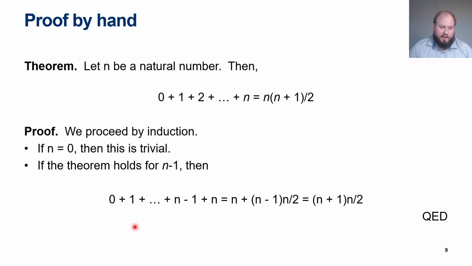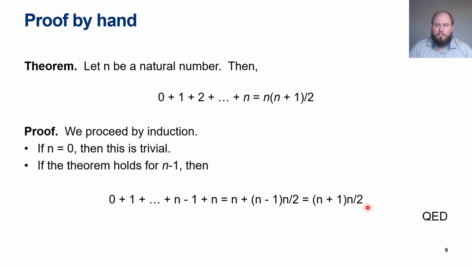This is equal to 0 plus 1 plus and so on, all the way up to n minus 1. And this is equal to (n minus 1) times n on 2, add n on both sides, and we get what we wanted, and our proof is complete. So this is how we would prove something like this by hand.